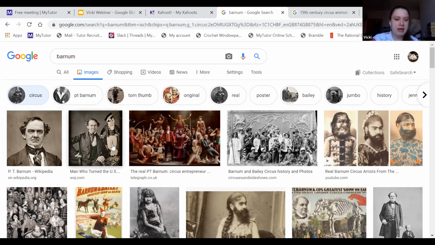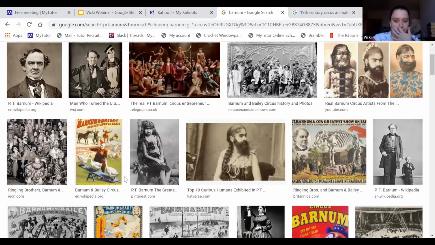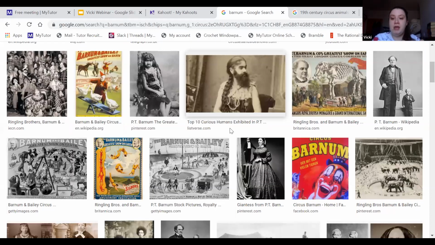So this chap here, I think, is Tom Thumb. And then you've got, I think, this lady here might be the inspiration for the lady with the beard in The Greatest Showman, but I haven't seen it. But these are the sorts of things that were being exhibited.